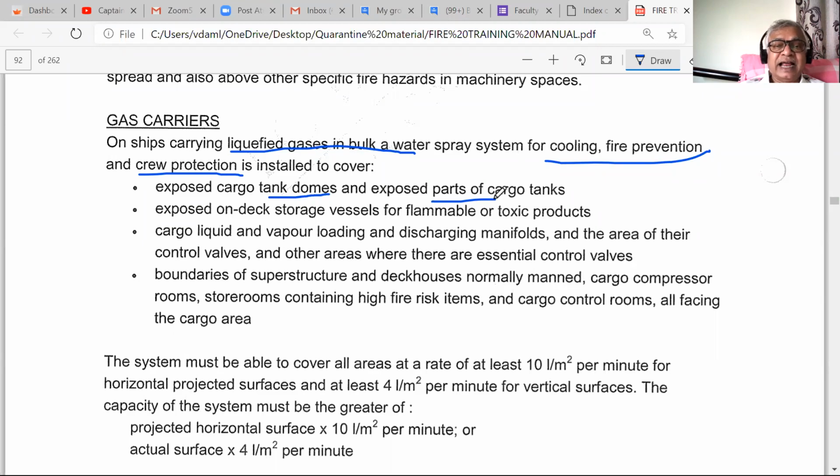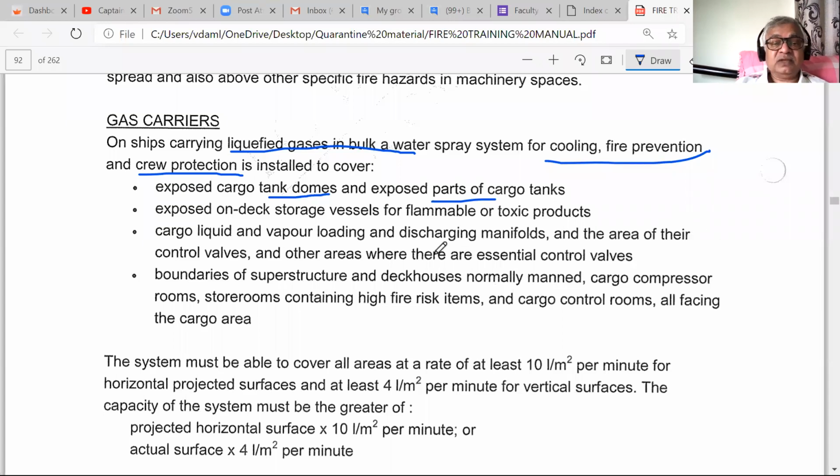Then there is a cladding. Cladding means some sort of insulators put, and then it is wrapped. So that is where, in case anything is there, we will be cooling the outer side insulation in case there is any fire inside or to remove the heat, because heat is also another issue by which the tank pressure will keep on going up and liquid will become vapor.